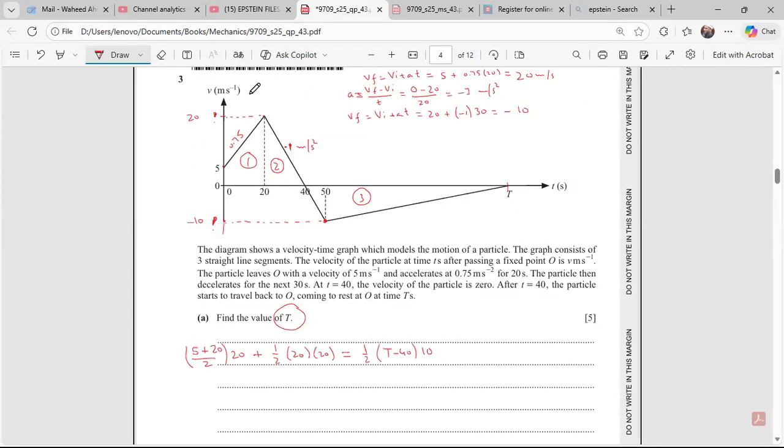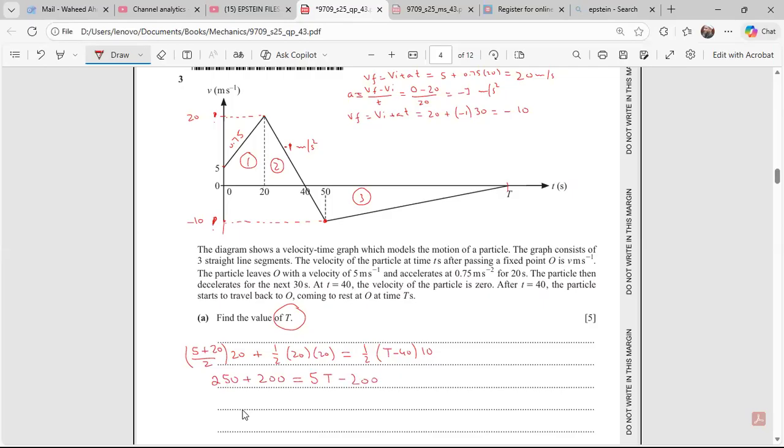So this becomes 25 multiplied by 10, which is 250, plus 200. This is equal to 5T minus 200.